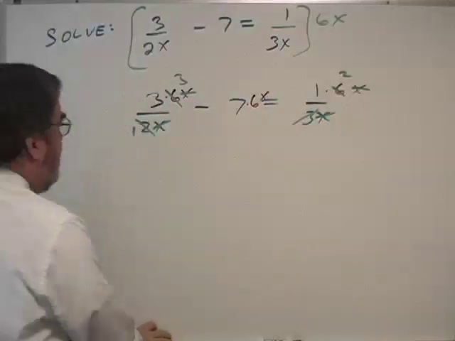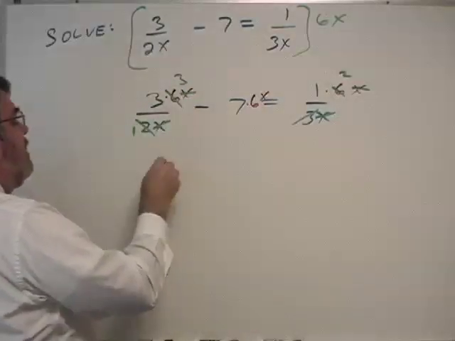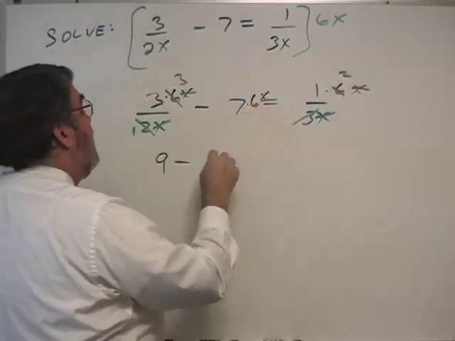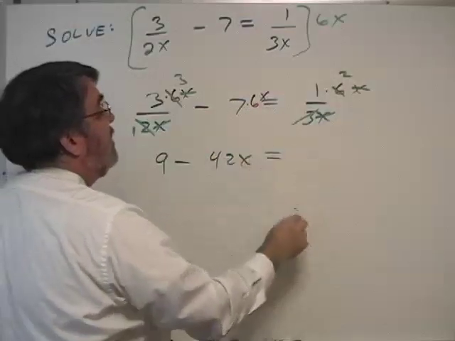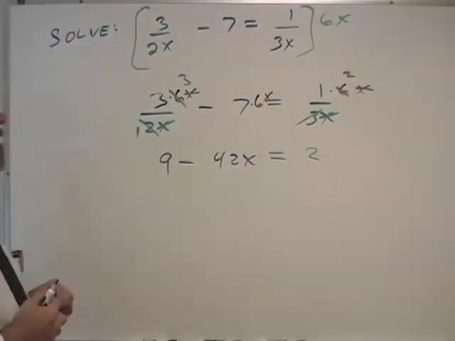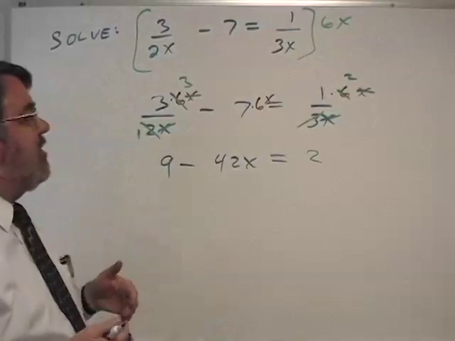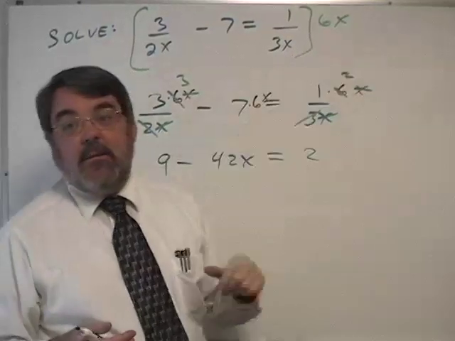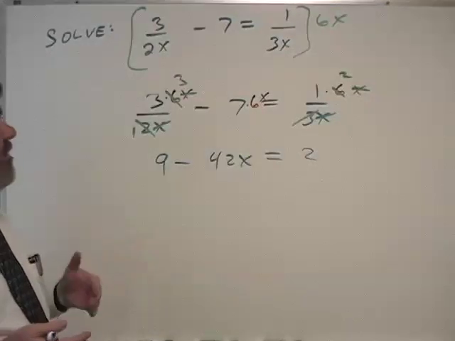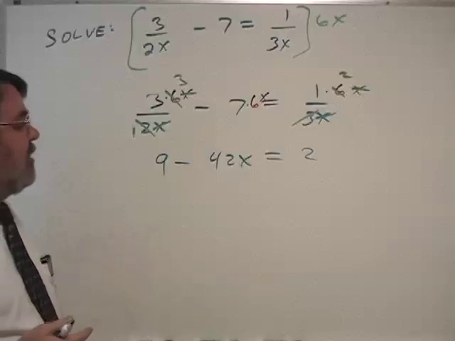So we end up with 3 times 3, 9, minus 7 times 6x is 42x, is equal to 1 times 2, or 2. Well, happily, the fractions are gone. And that was the purpose of multiplying by the common denominator. It cancels off the denominators, clears the fractions. And so now we have a rather mundane looking problem to solve.